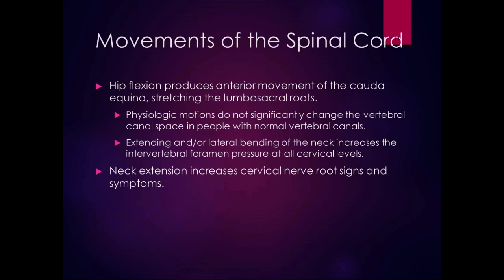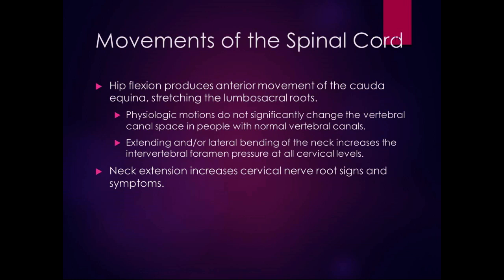So some of the assessments that we do in physical therapy, the neural tension test, straight leg raise, that sort of thing, we're trying to see what happens in the nervous system in response to certain motions, and whether it replicates people's symptoms that they came in for.